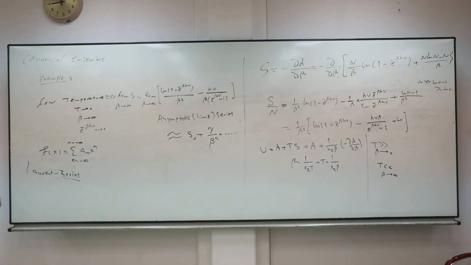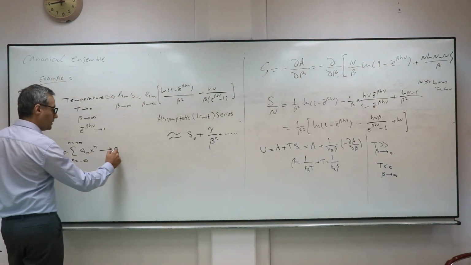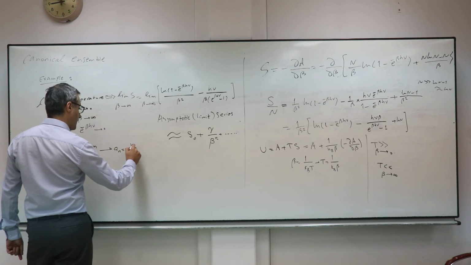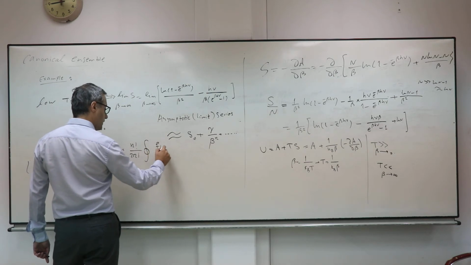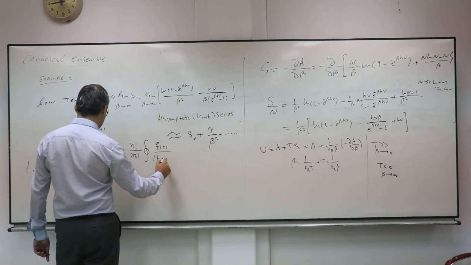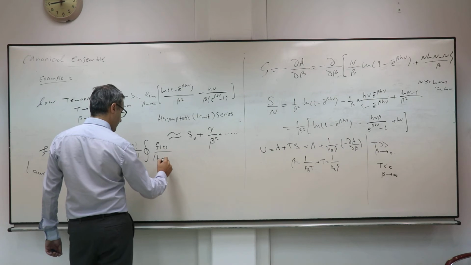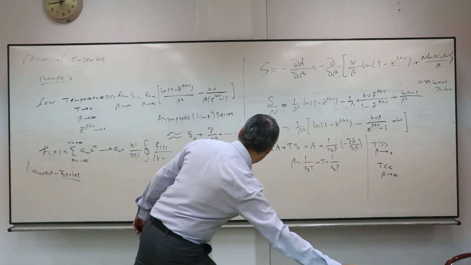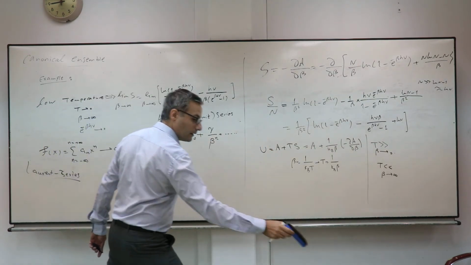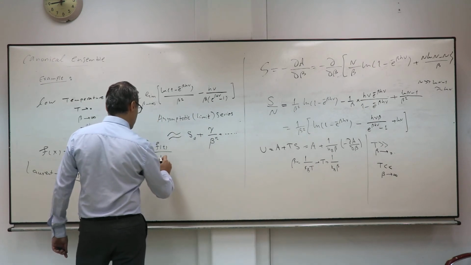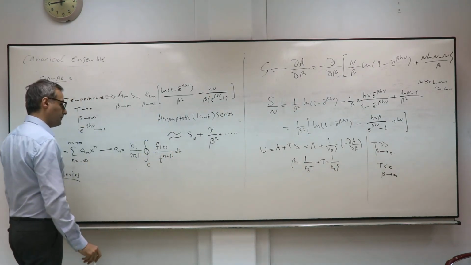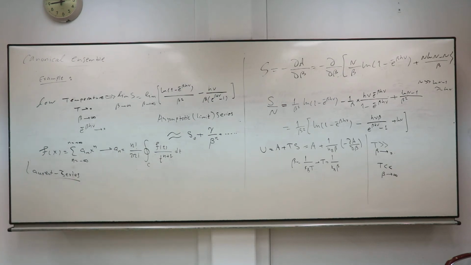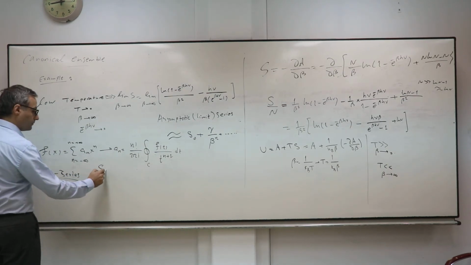Any function can be expanded like that, and the coefficient is given as n factorial over 2 pi i, a contour integral of f(t) over t to the n, dt, in the complex variable.